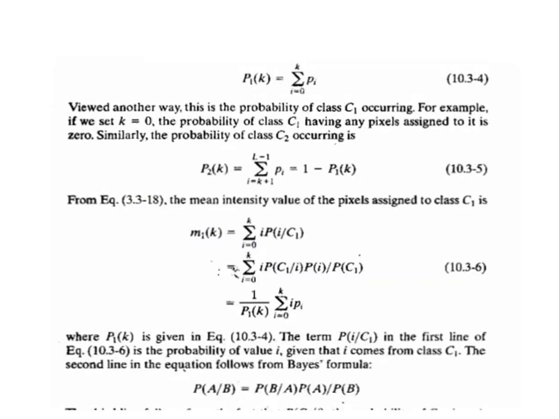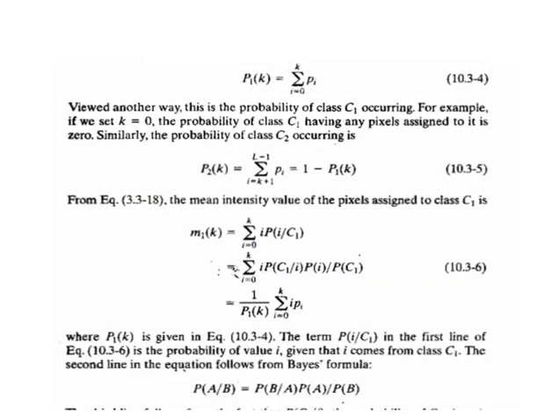The mean intensity value of the pixels assigned to class C1 is M1(k) = summation of i = 0 to k of i P(i|C1), which equals 1 / P1(k) times the summation of i = 0 to k of i Pi, where P(i) is as given in the equation.